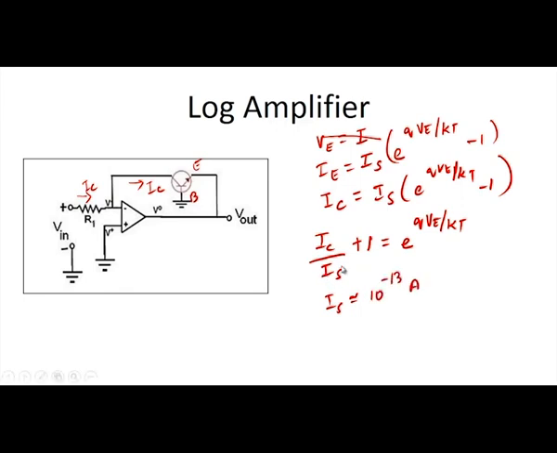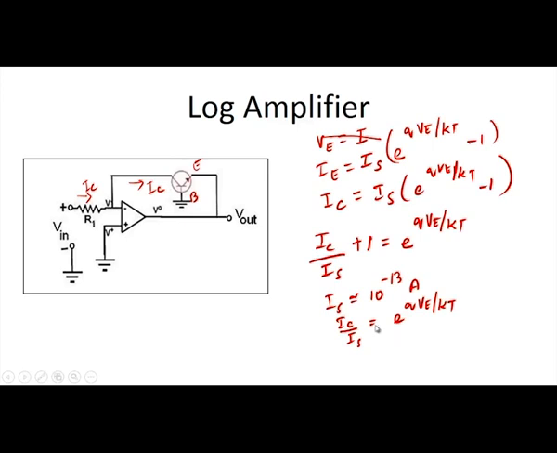Since IS is in the denominator, if you take it to the numerator part, then this whole term will be very high when you compare it with 1. So, 1 is neglected, and the equation is written as IC by IS is equal to e power QVE by KT. We have to cancel out this exponential term.